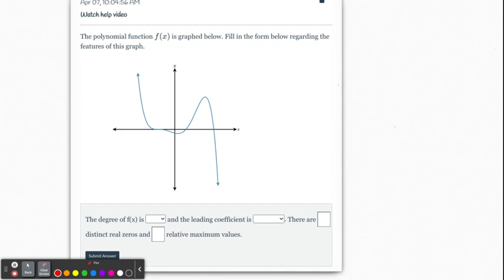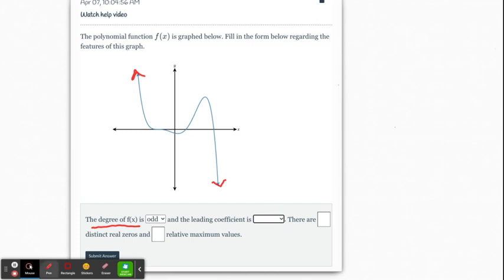So for the second type of problem, it's a fill in the blank. It says the polynomial f of x is graphed below. Fill in the form below regarding the features. So for the first part, the degree. Well, we know the arrows point in opposite directions, so we know the degree is going to be odd. The leading coefficient, your options are positive or negative.